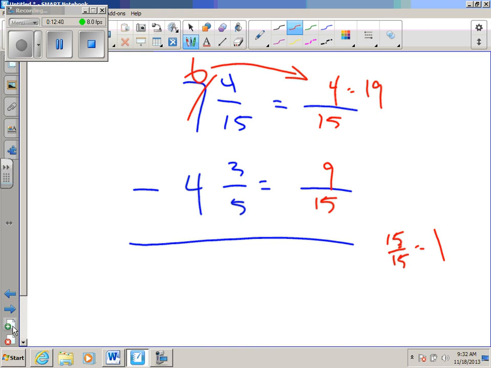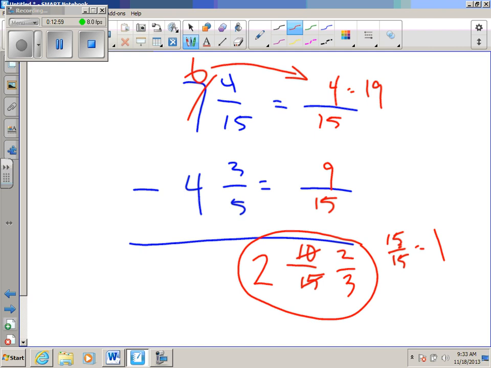Okay. So 19 minus 9 is what? 6 minus 4 is 2. 10 15ths in simplest form. 2 and 2/3. Did you have that?